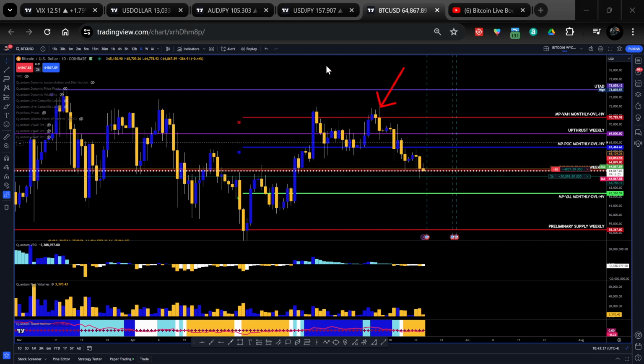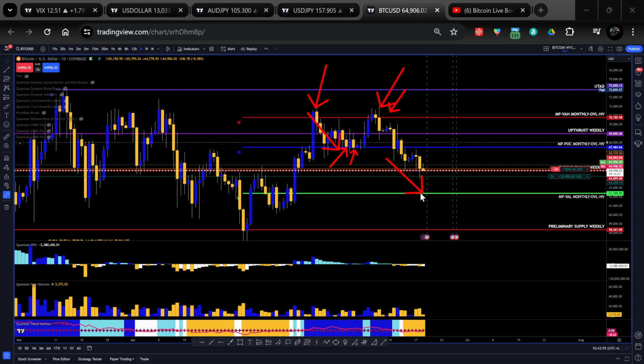So rejection of the value area high, came down here. We got some support on the monthly after this breakdown on the POC area, sorry. Came back up to the value area high, came down here, had a little interaction with the POC again, retested the POC right here, and now we're moving down.